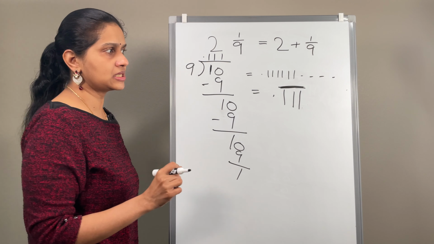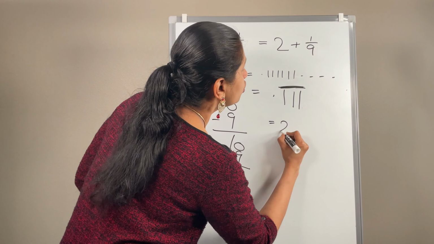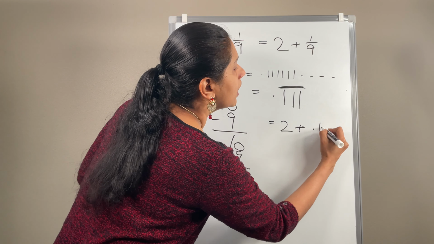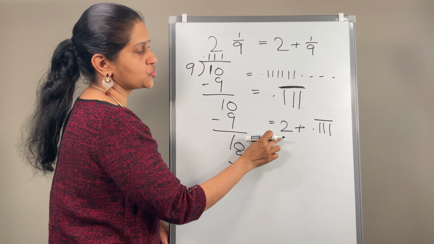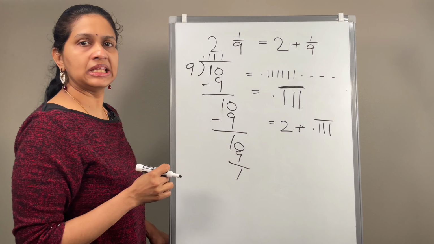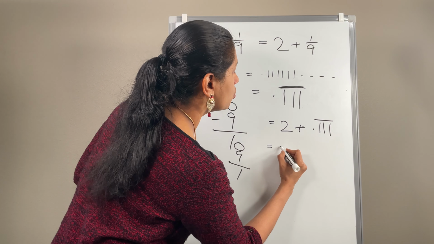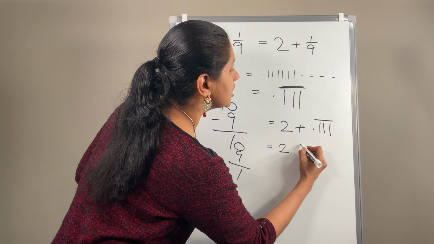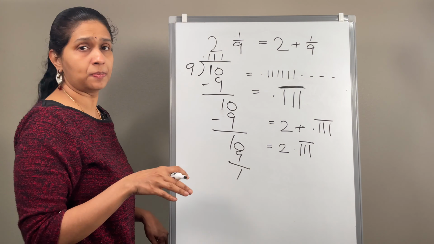Recurring means repeating. So now you can write this as 2 plus 0.111 recurring, which is going to be equal to 2.111 recurring, which means it is repeating.